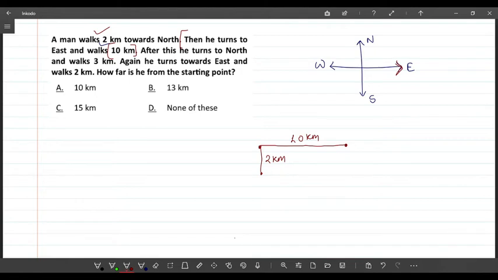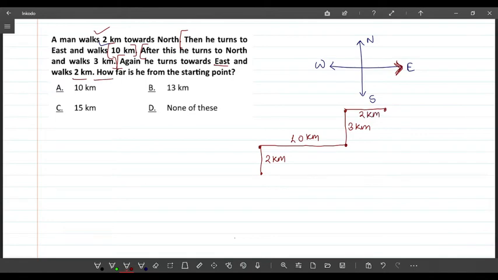After this he again turns towards the north and walks 3 kilometers. So again he is moving up in the north direction a distance of 3 kilometers. I hope there is no confusion so far. Again he turns towards east, which means this direction, and walks another 2 kilometers.